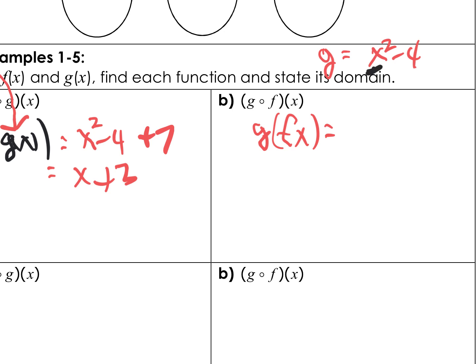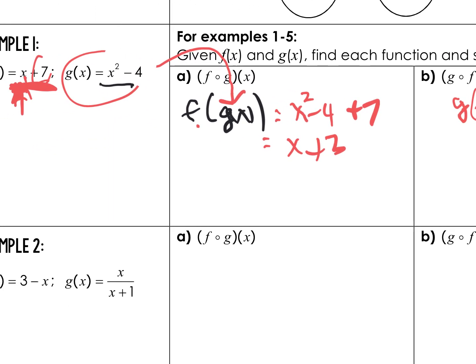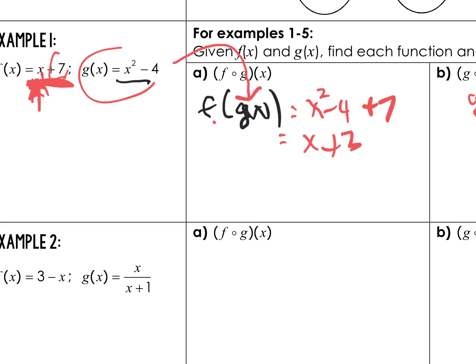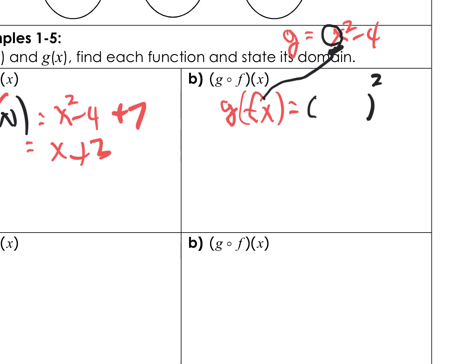It has to get the f right there. So what's going to be squared? All of f. And remind ourselves, f is x plus 7. So I say x plus 7 is being squared.